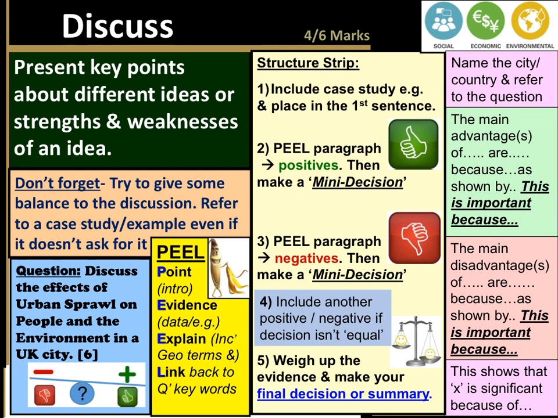On the right hand side, you've got some structure ideas, some words that you might want to include. So the main advantages of this are all an aspect of the question, and then make a mini decision, bits in bold, underlined. And then your second one, bold, underlined, and finally, most importantly, your conclusion, including words like this is significant, important, effective, successful. Those might not all apply, but one of them will.